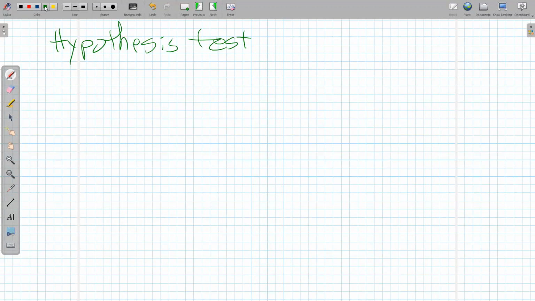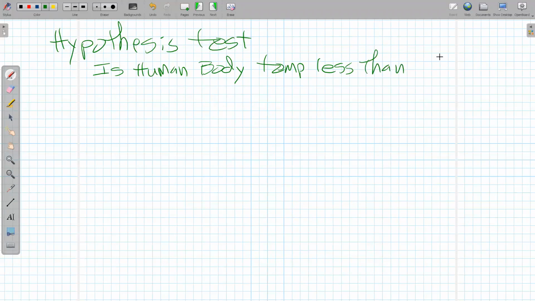So my question here is: is the average human body temperature less than 98.6 degrees Fahrenheit? So that's my question here.